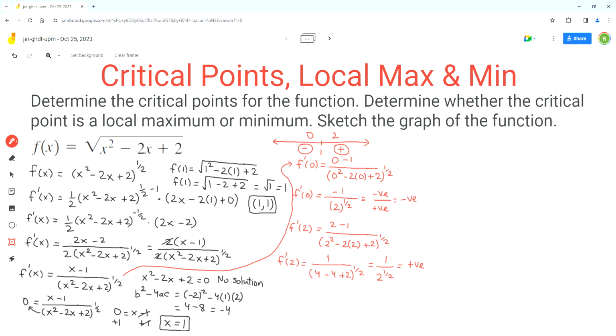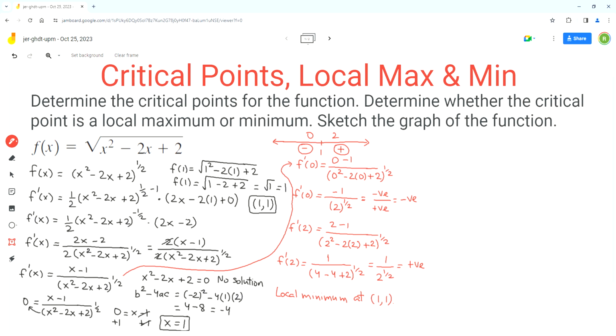So that means there is a local minimum at the critical point (1, 1). This is a very important concept you need to understand and memorize. Now we are done with the second part, and now we can sketch the graph of the function.